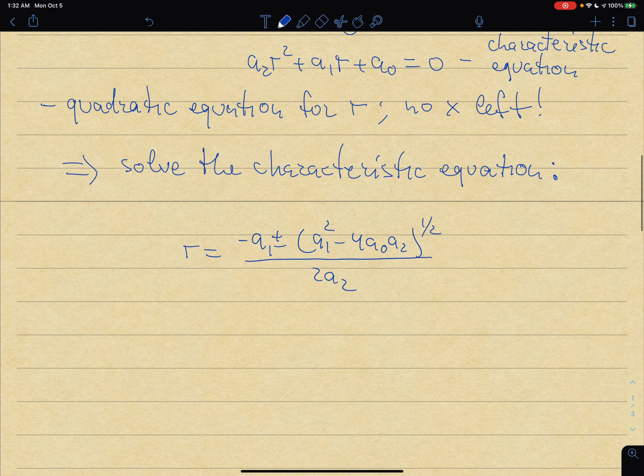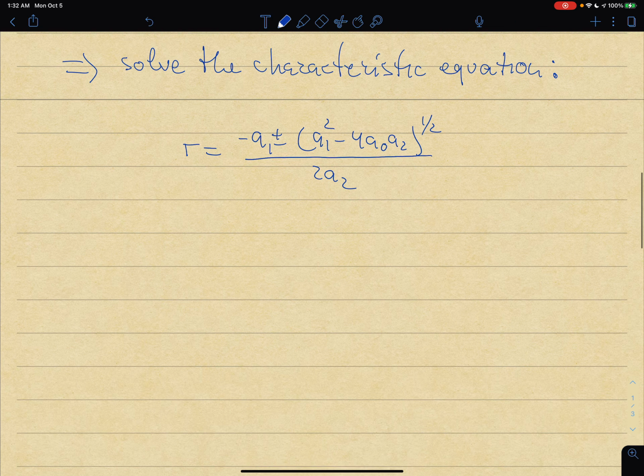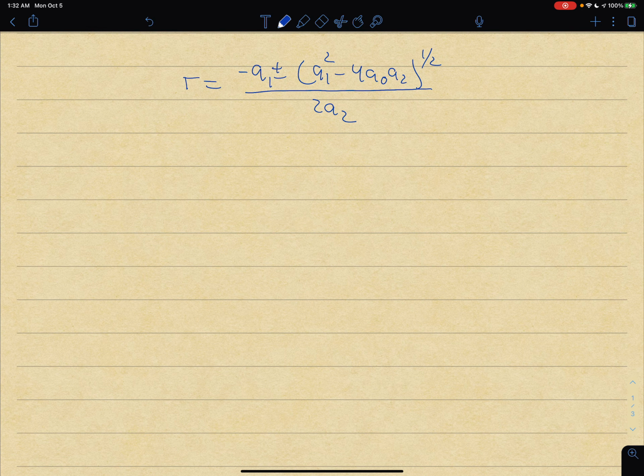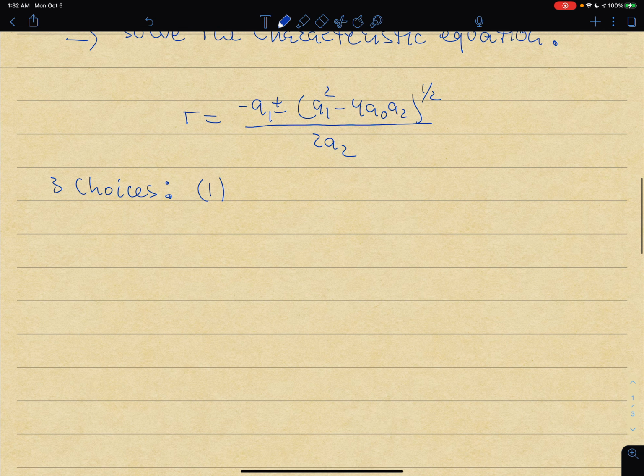This is its solution. And as usual, for a solution of a quadratic equation, we have three different possibilities. So we have three choices. Choice number 1, a1 squared minus 4 a0 a2 is greater than 0.